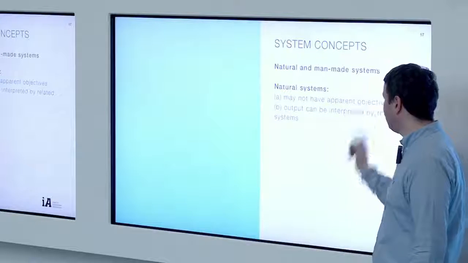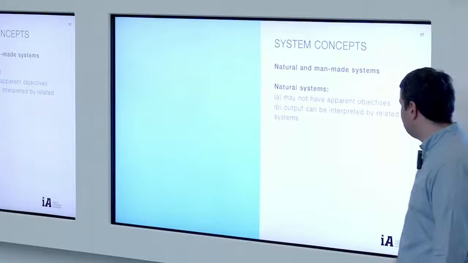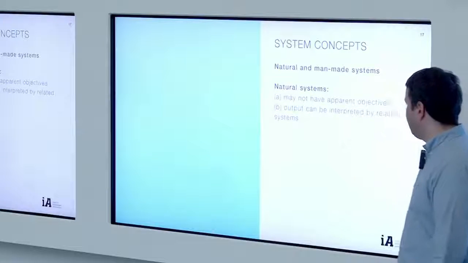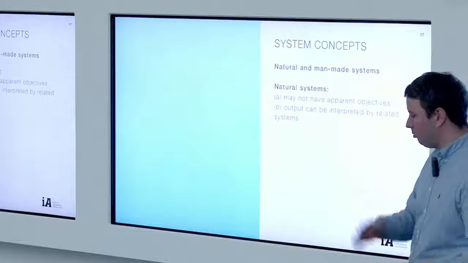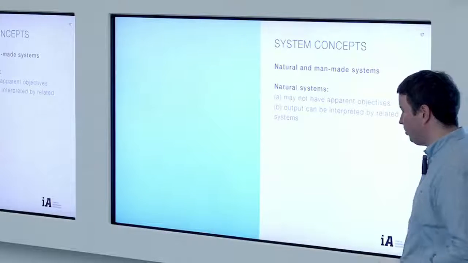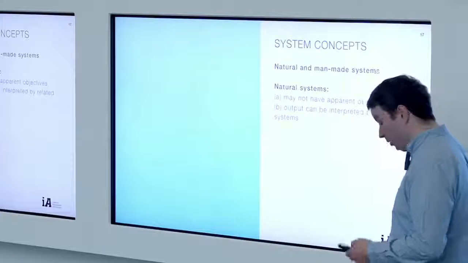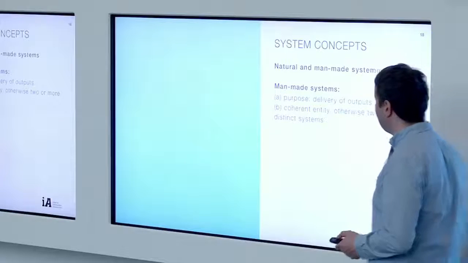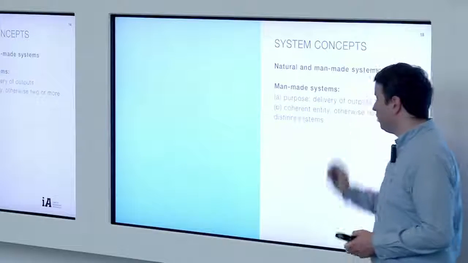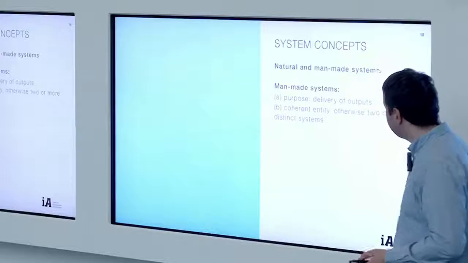They usually don't have objectives, and output can be interpreted by related systems. So species A is contributing to species B. If species A doesn't exist, species B doesn't exist either, for instance. And a man-made system usually has the purpose to deliver output, even if it's sometimes not so clear.